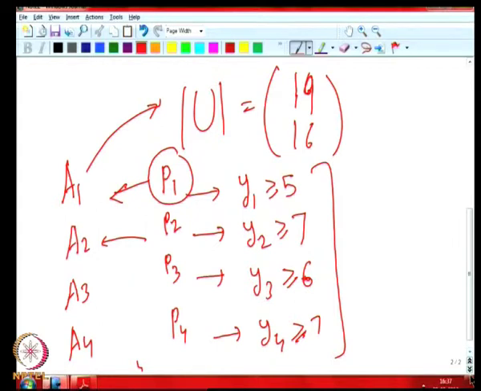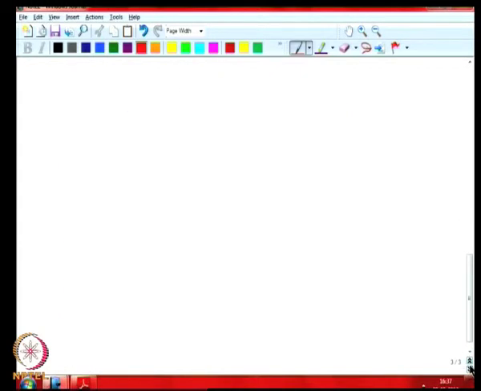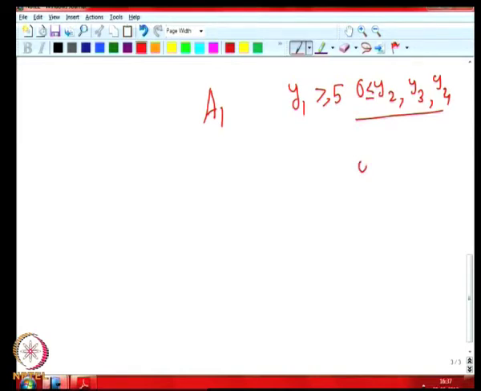We can look at what A1 is. A1 means y1 is greater than or equal to 5. The conditions on y2, y3, y4 are just that they are greater than or equal to 0. No upper bound, because we are taking all solutions from the universe, where we were just putting the restriction that y1, y2, y3, y4 all were at least 0, no upper bound.